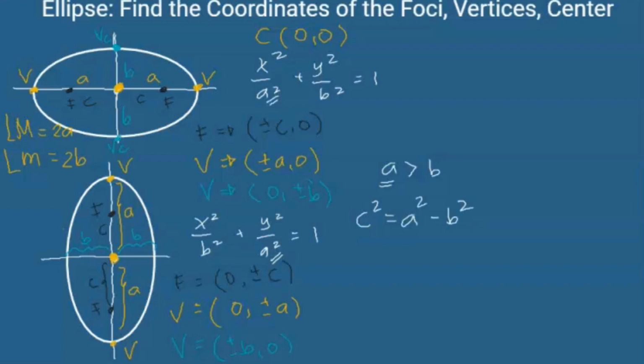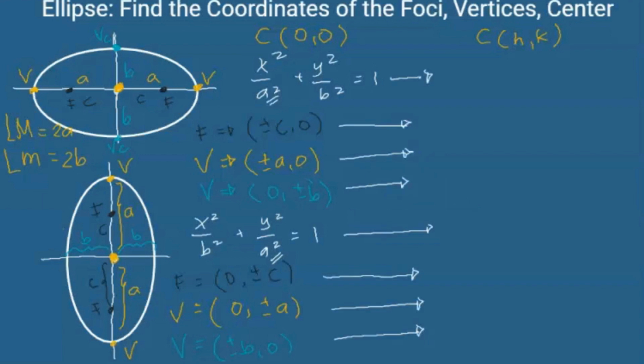Now, what will happen if the center of the ellipse is shifted to (h, k)? So the center now is not at the origin, but at (h, k). So what will happen to these coordinates and equation?